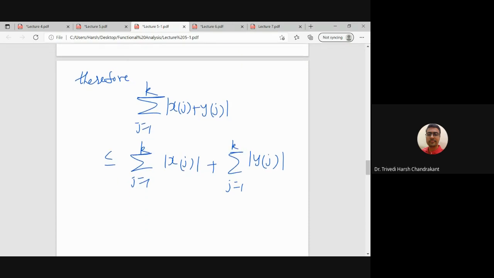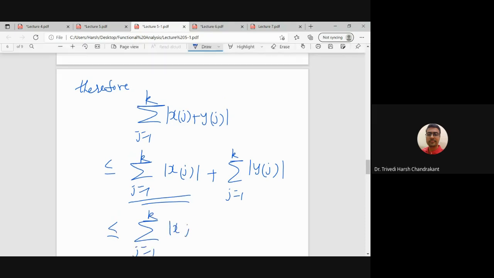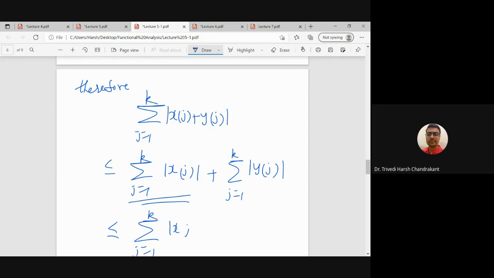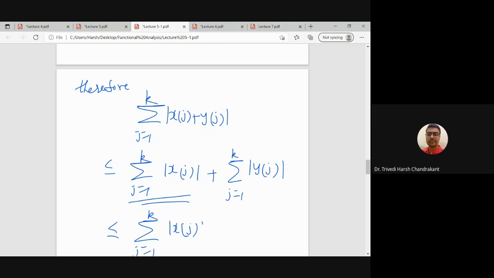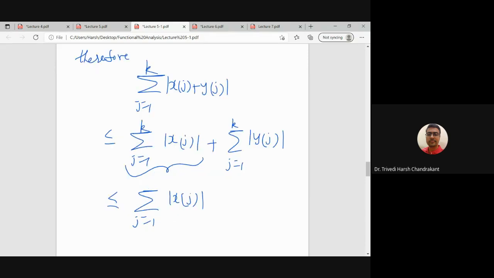And then we know that this is a sum of non-negative numbers, and if we take k tends to infinity here, then this is less than or equal to the limit of this. What I'm saying is that this is a partial sum of this series.